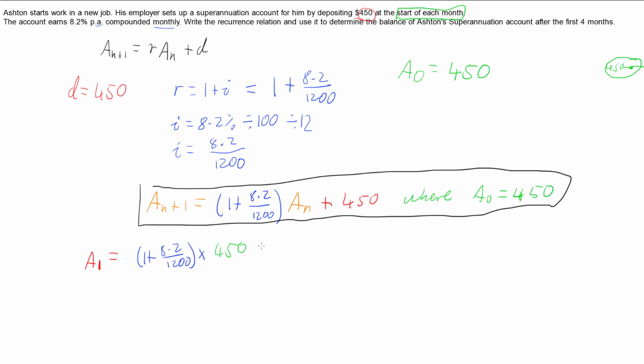And then we're just going to add on our deposit, plus 450. And so the value at the end of the first month, but really this is the second month, because the deposit is made at the start of the month. So at the end of the first month, there's $450. Well, there'll be a little bit of interest applied, but not much. And then at the end of the first month, which is really the second month, we're going to have $903.08.